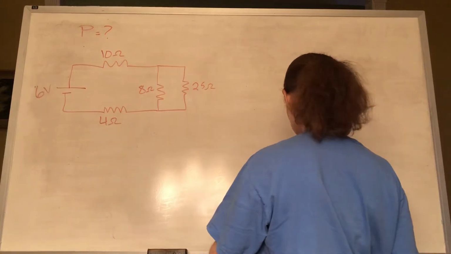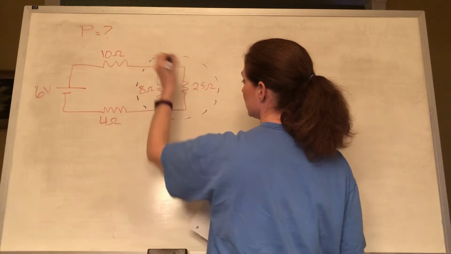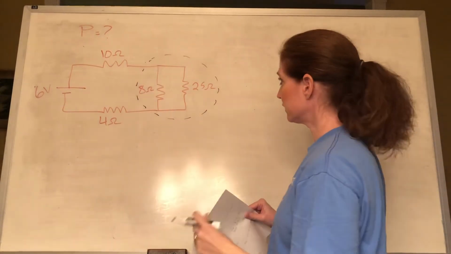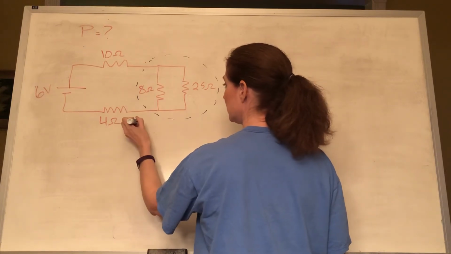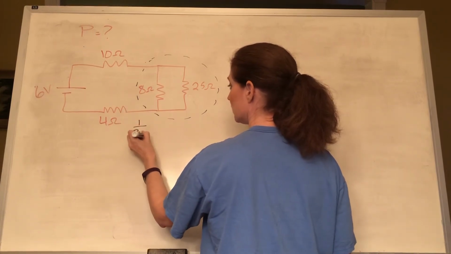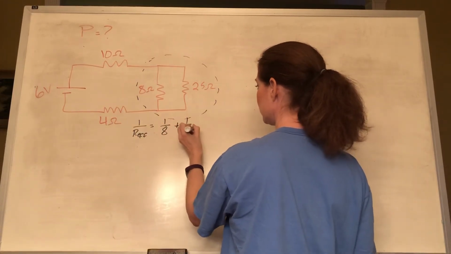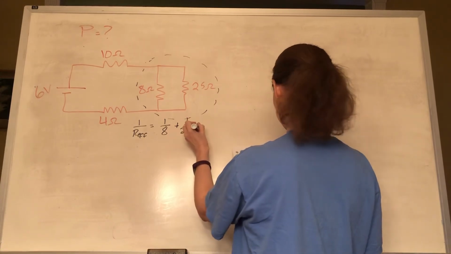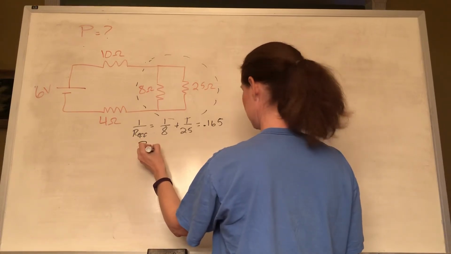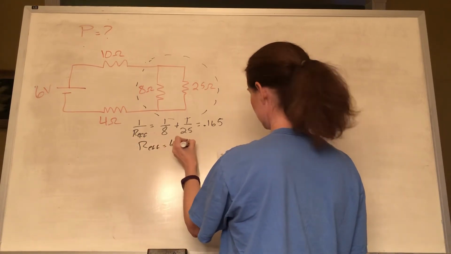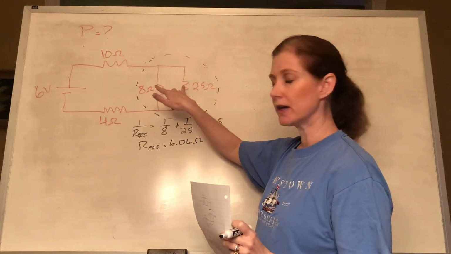Alright, so the first thing I want to do is take this parallel system right here and get R effective for it. And so for that, 1 over R effective is 1 over 8 plus 1 over 25. That is 0.165. And so R effective is 6.06 ohms.